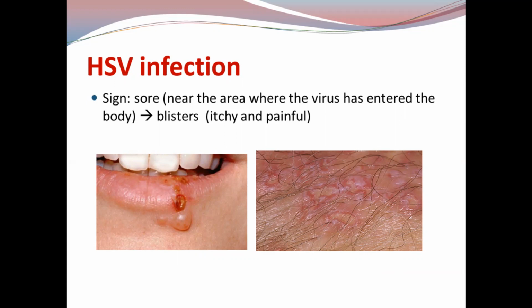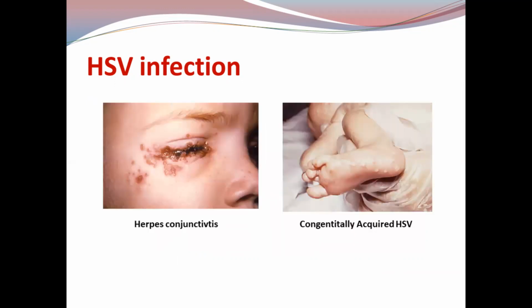So that is yung HSV infection. It is itchy. Ito, herpes conjunctivitis. Usually, ito pag yung mga baby na kakapanganak lang. And yung congenital acquired HSV, na mayroong HSV pag kapanganak pa lang.